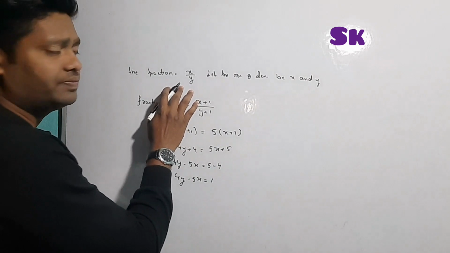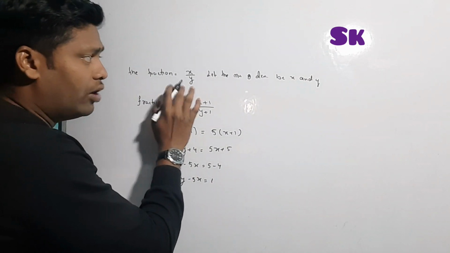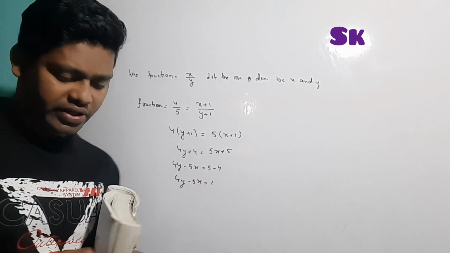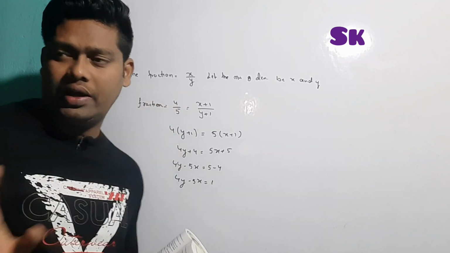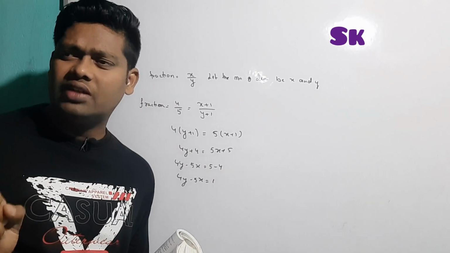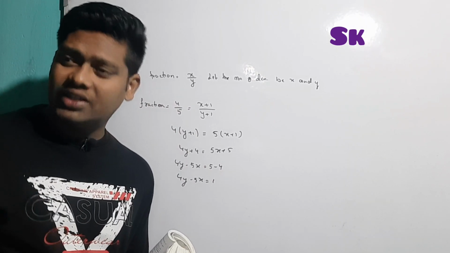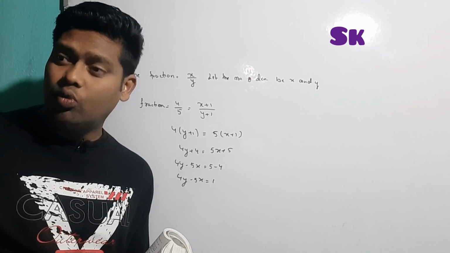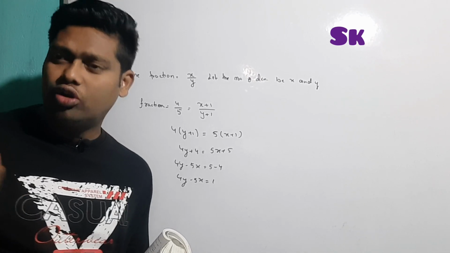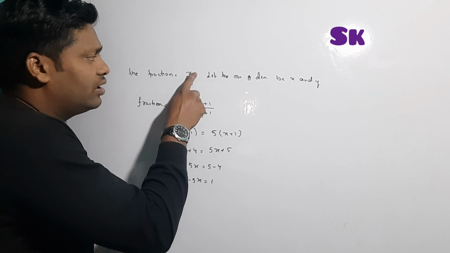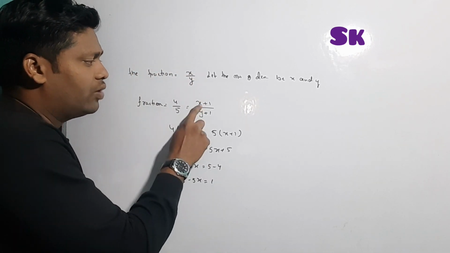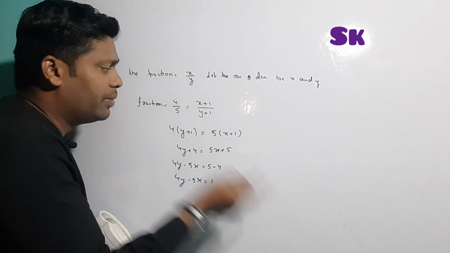So the fraction is this one. If nothing they have been saying, my answer is x by y. But he is saying, when I am adding 1 to numerator and denominator, this is a numerator and this is the denominator, add 1 to both, it is becoming now 4 by 5.